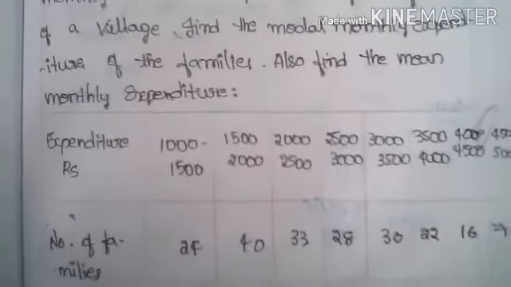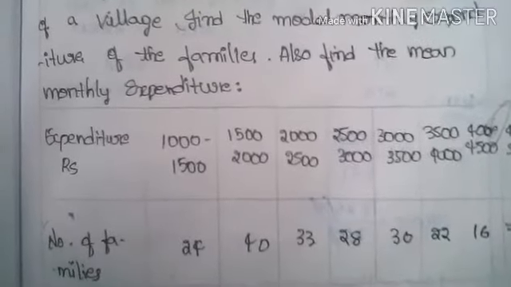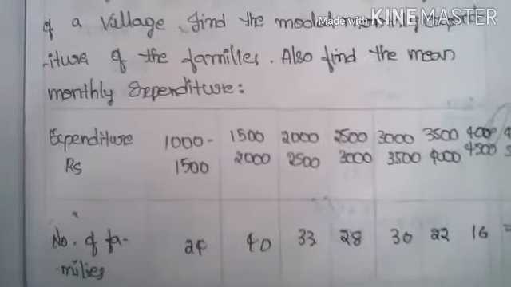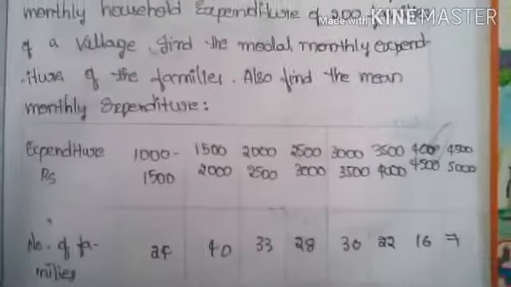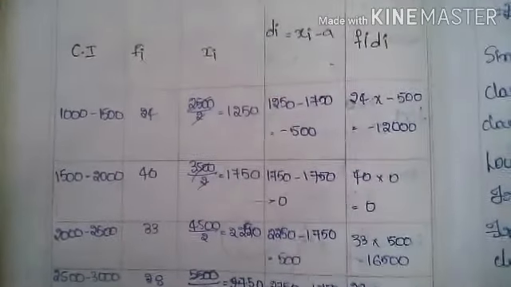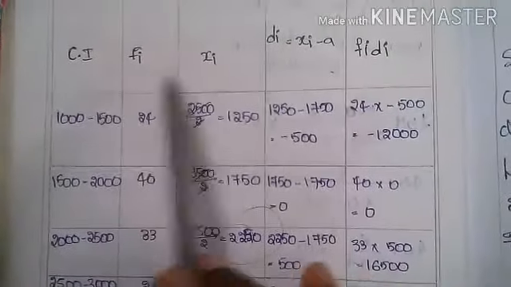So here what is asked is the mean monthly expenditure. So we need to find the mean and mode of the given data. I am taking the assumed mean method.